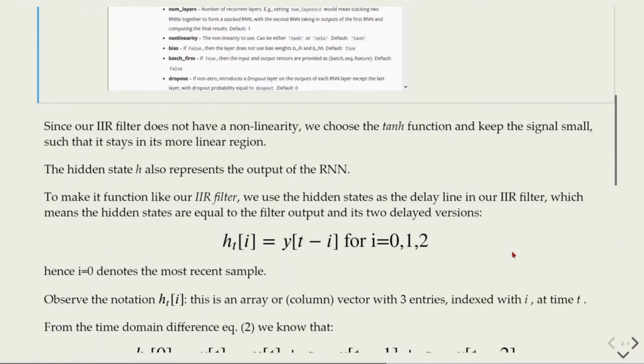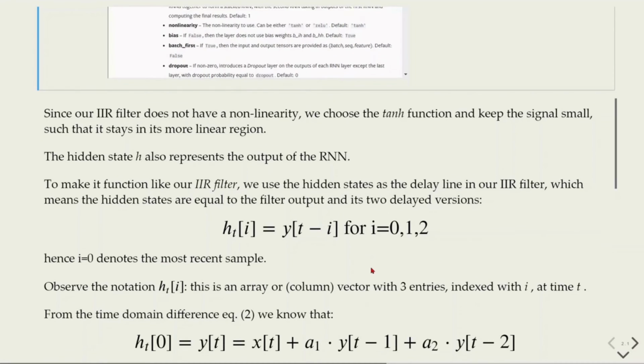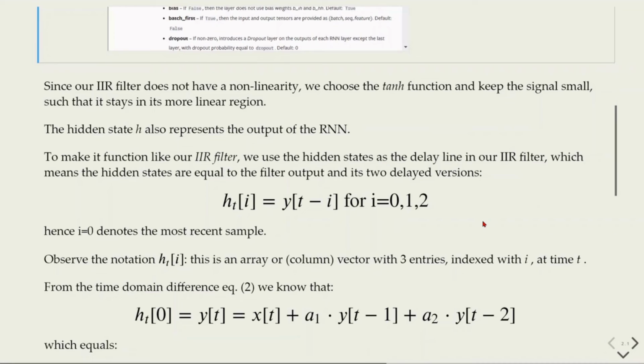So to make it function like our IIR filter, we use the hidden states as the delay line in our IIR filter, which means that the hidden states are equal to the filter output and its two delayed versions. So here we have this equation, where i equal to 0 denotes the most recent sample. And we have i going from 0 to 2, so we have values for i equal to 0, 1, and 2.